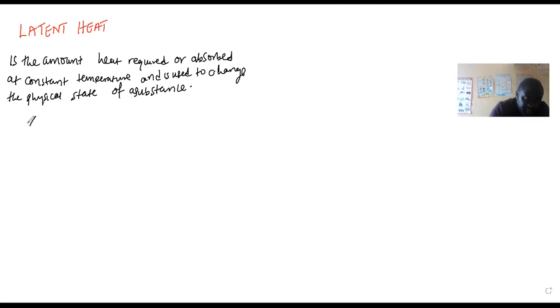So among the characteristics of this kind of heat, one is what I've mentioned. Characteristics of latent heat.